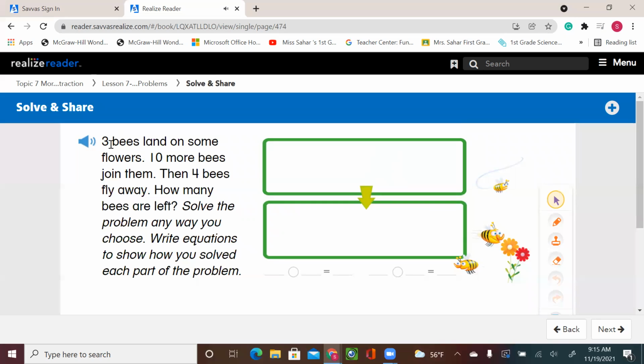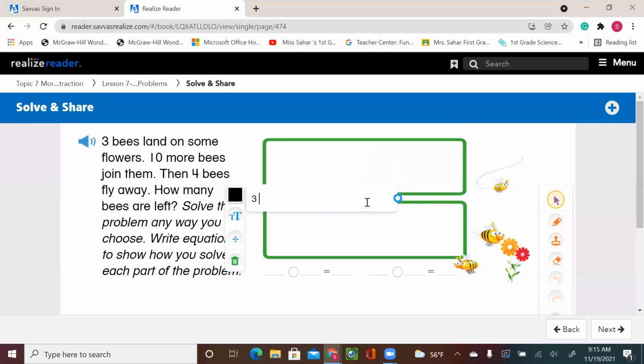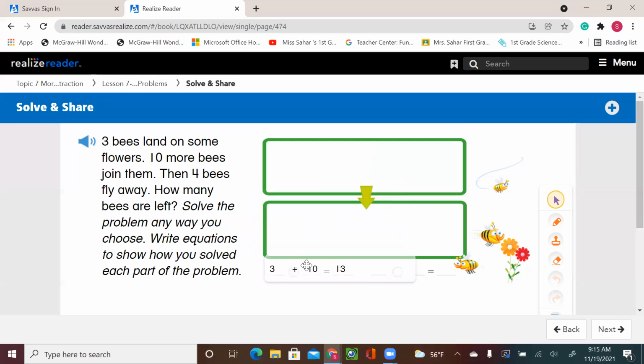So when I look for my first part, I know there were 3 bees land on some flowers and 10 more join them. So I can see that this is an addition. I'm going to say 3 plus the 10 equals 13. So that was my first part. If I want to draw, I can do that.